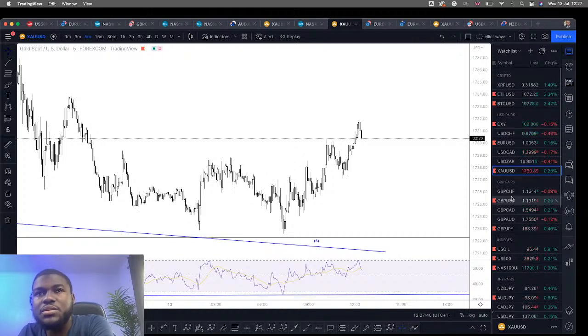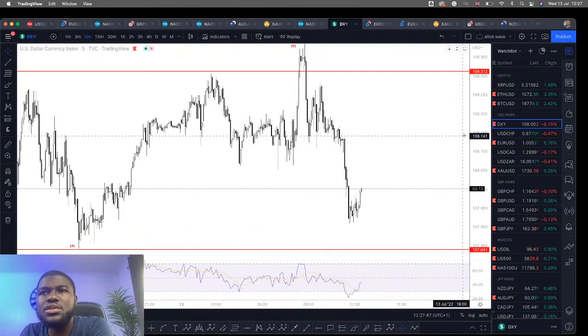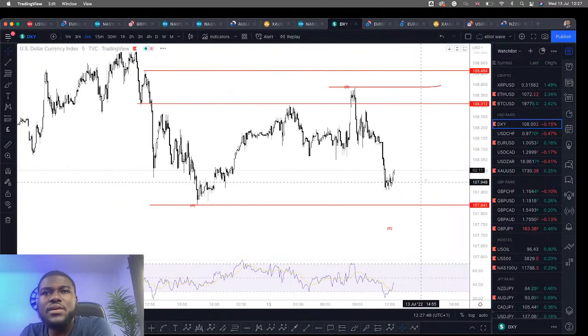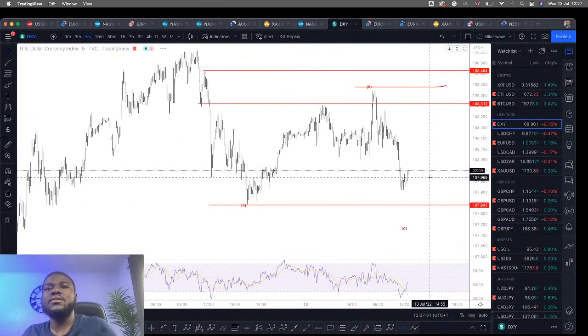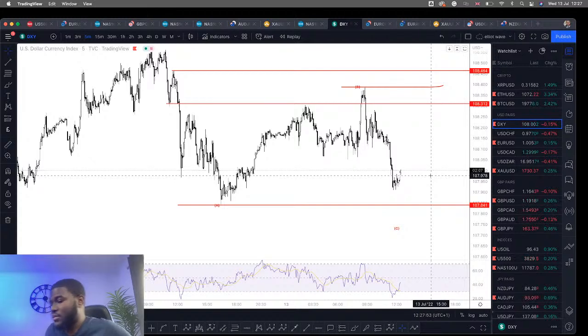We are going to start from GBPCHF. So let me quickly check those pairs we analyzed. DXY, let's see what's the current condition of DXY. Okay, I gave a sell position for DXY.